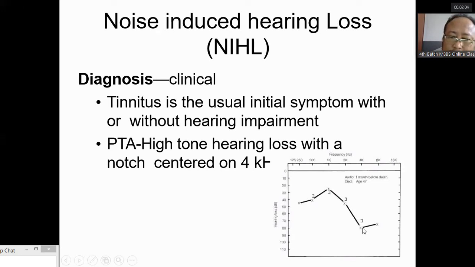This is typical for noise-induced hearing loss. In the previous class, in ototoxicity, you saw a dip at 2,000 Hz. In noise-induced hearing loss, there is a dip at 4,000 Hz.